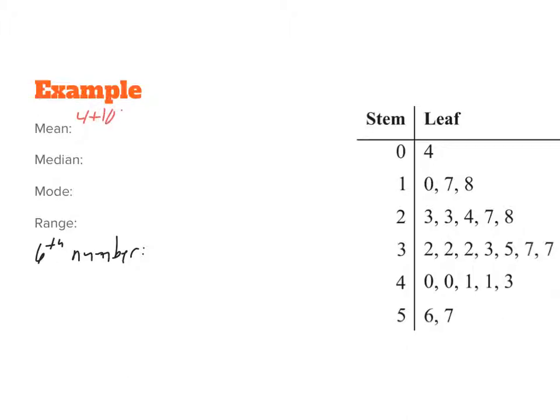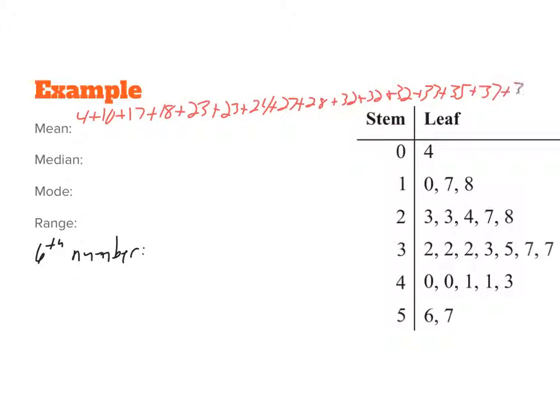So I'm going to take 4 plus 10 plus 17 plus 18, 23, 23, 24, 27, 28, 32, 32, 32, 33, 35, 37, 37, 40, 40, 41, 41, 43, 56, and 57. If I add all those up, I get 730.